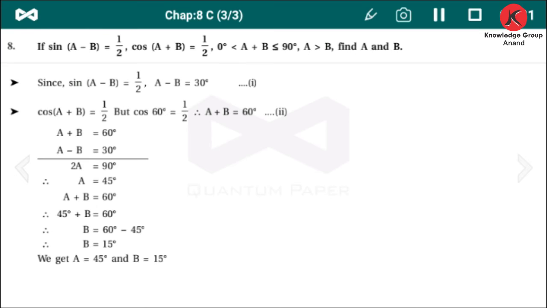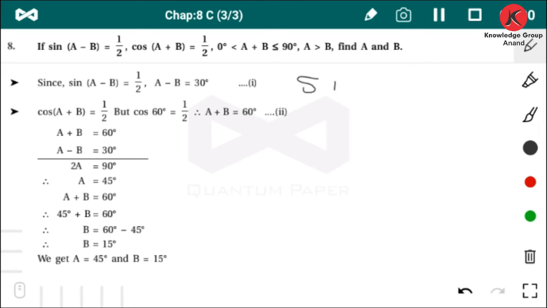Example number 8. If sine of (A minus B) is equal to 1/2, cos of (A plus B) is equal to 1/2, and A is greater than B, find A and B. Sine of (A minus B) is equal to 1/2, that means sine 30.